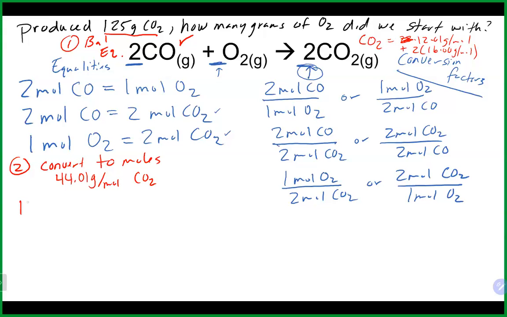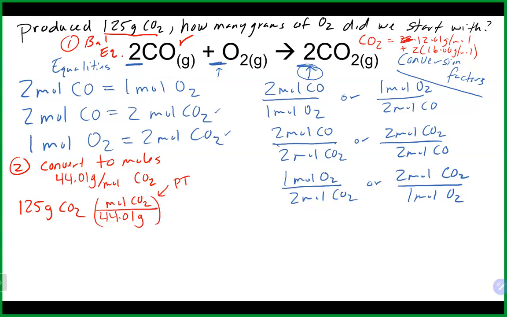We're going to take 125 grams of CO2. So I want to get rid of grams and end up with moles. So what should go on the bottom here? The grams. In this case, that would be 44.01 grams per mole of CO2. That comes from the periodic table and the molar mass, just like we did on that previous problem. So I am going to get an answer here. Why not? 125 divided by 44.01.